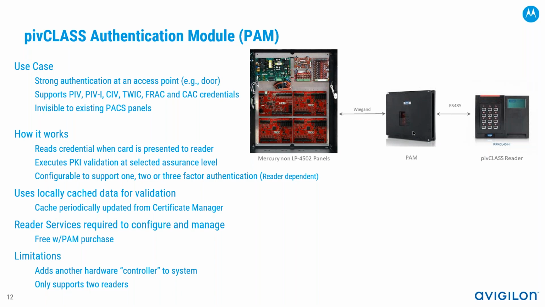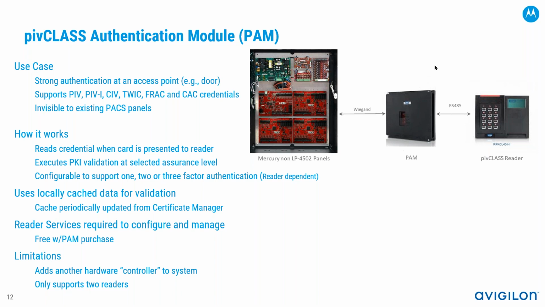If none of that, so if the card is still valid, then the card number is sent into the access control, which is going to say, got this card number, yes, this person can come into this door, I'm going to go ahead and open the door. Okay, so that's the method that you would use with PAM.